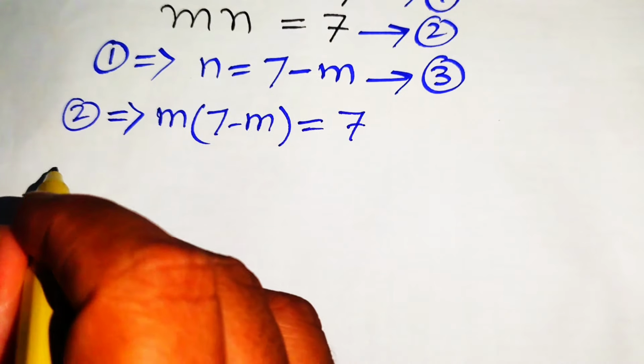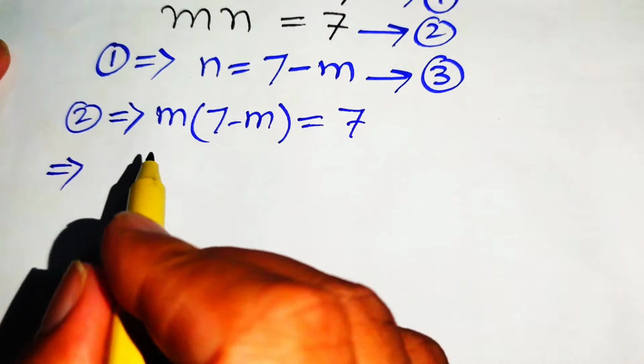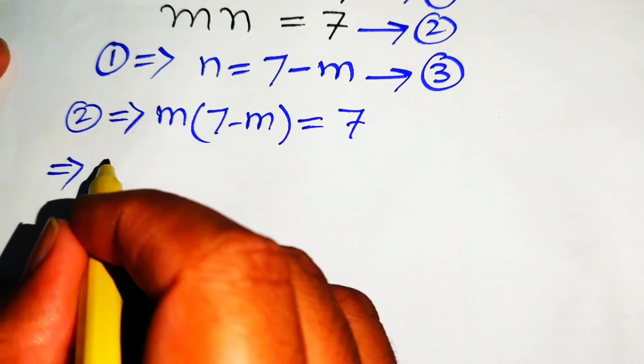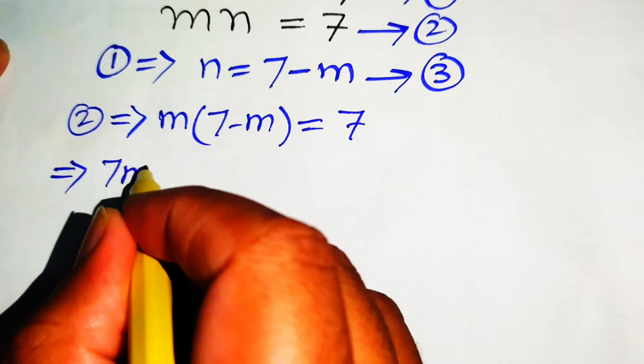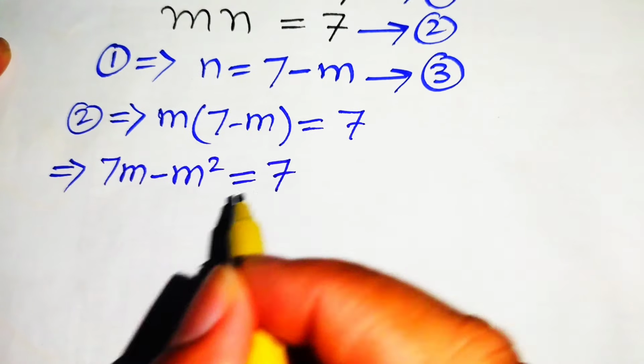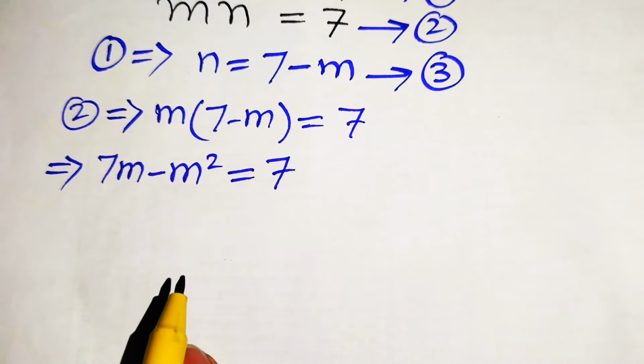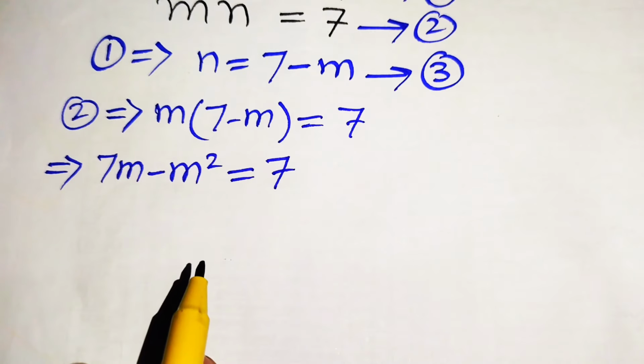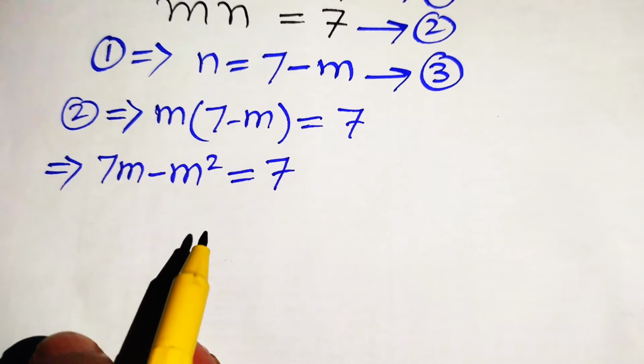Here we need some simplification. We multiply m on both terms and we get 7m minus m square equals 7. In the next step we convert this into standard quadratic form.